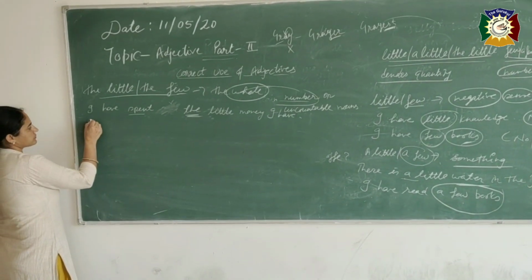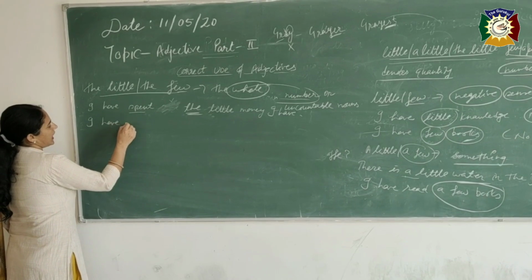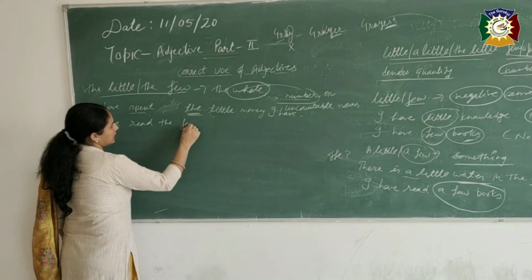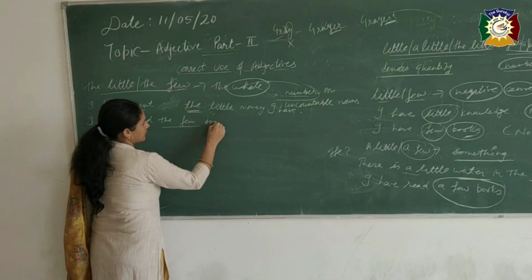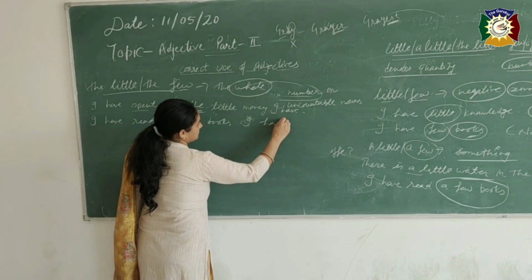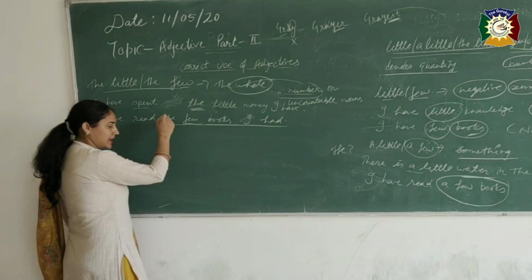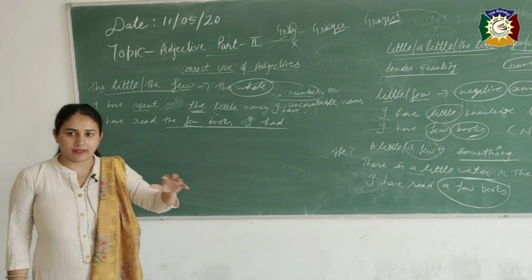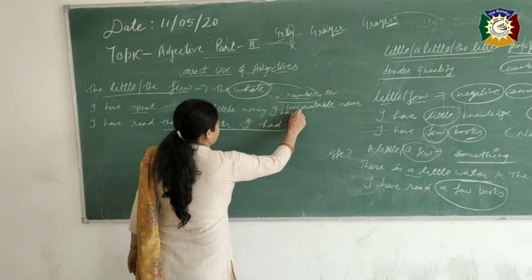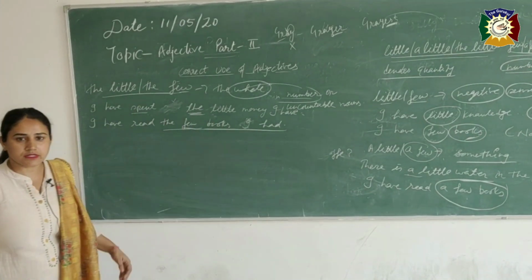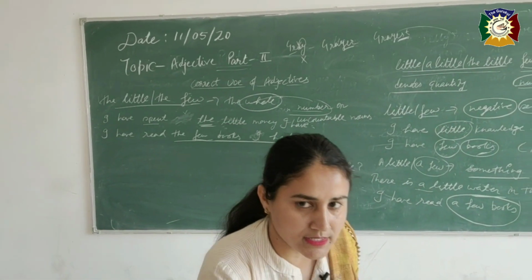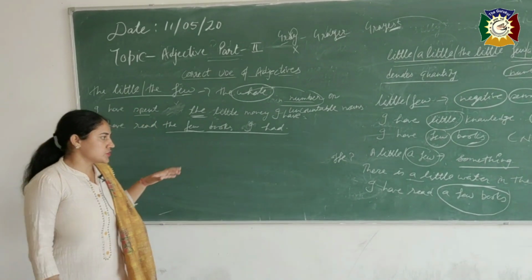The few, I have read the few books I had. It means the books which you were having, you almost read them all. So you can say I had also.